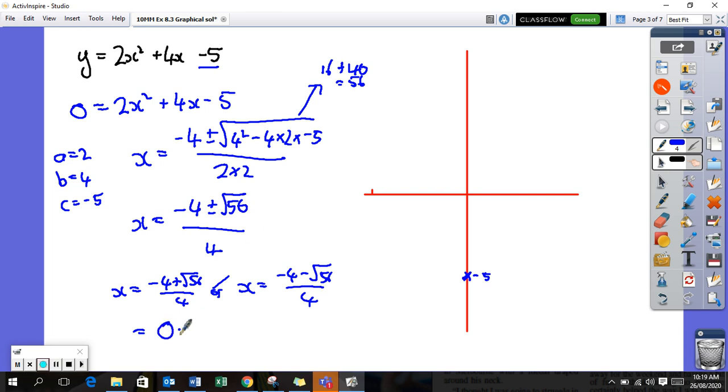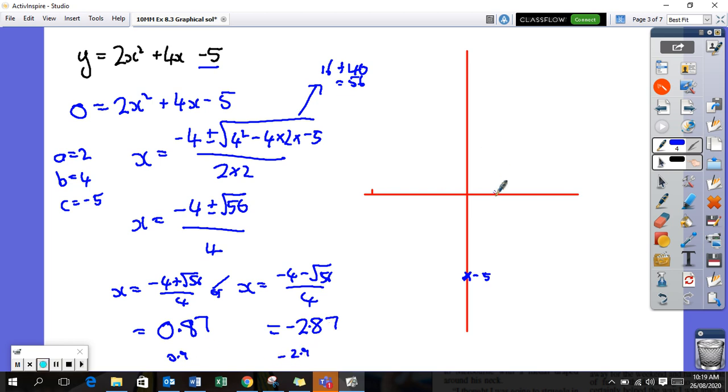So 0.87, and the other one, negative 4 minus square root of 56. So either have your brackets around it or hit equals now, then divided by 4, and we get negative 2.87. So we've got about 0.9 and negative 2.9.